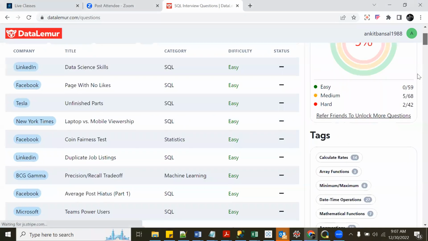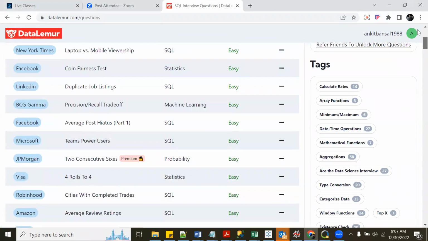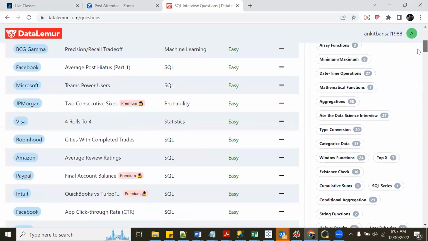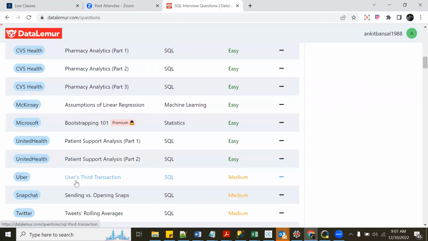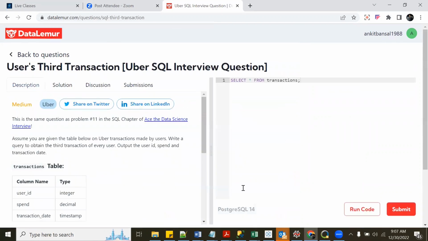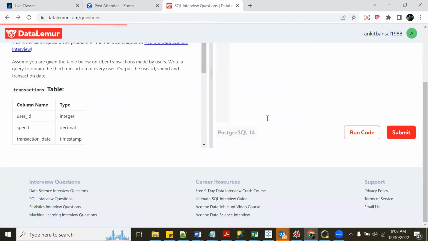Let me open Data Lemur. Let me share my screen first of all. So if you go to Data Lemur, whatever you have solved, if you have solved it, the solution will show here.